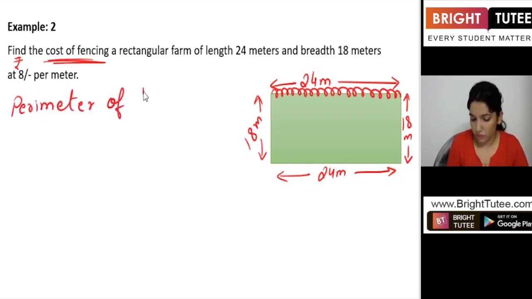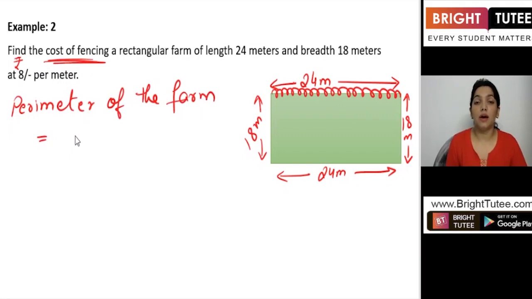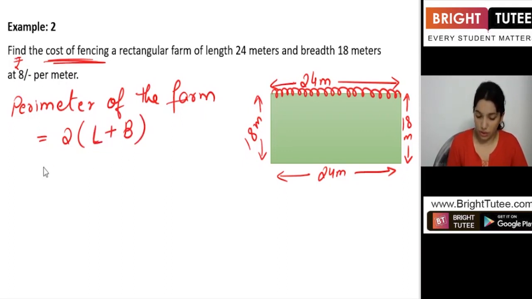of the farm. So we know that we can calculate the perimeter of a particular rectangular shape by working out the formula which is 2 times length plus breadth. So here I'm just writing L for length and B for breadth. So let's put the values.